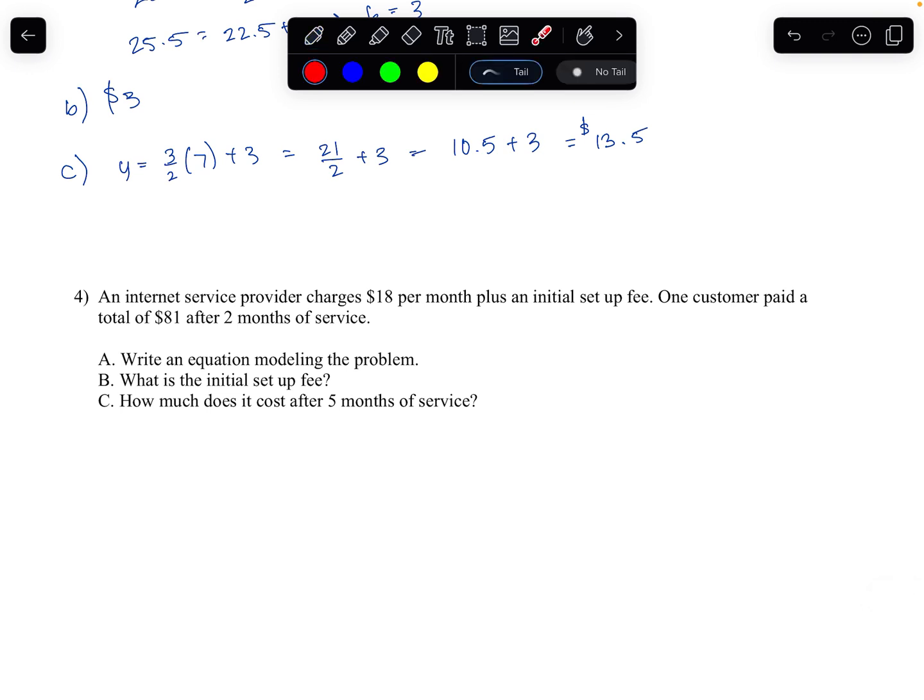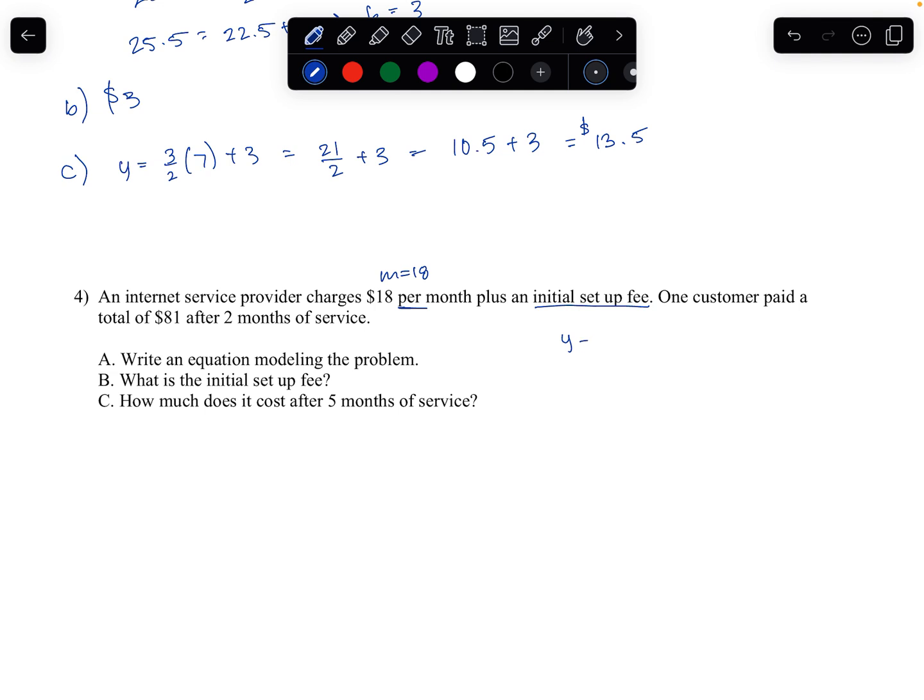An internet service provider charges $18 per month. All right, remember, if it's a rate, that's going to be slope, so m is going to be equal to 18. Plus the initial setup fee. Doesn't look like that's given to us. One customer paid $81 after 2 months of service. Okay, now in this case right here, I'm going to opt to use the point slope form.